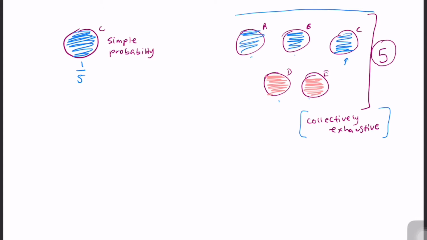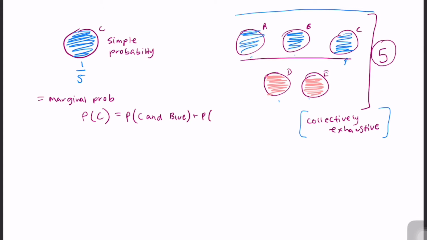Now the difference here with marginal probability is that there's a formula at play, but you're going to get the same probability. So the marginal probability of C, or getting a marble that's labeled C, is the probability of C and the probability of getting a blue marble, plus the probability of C and the probability of getting a pink marble, which is here.